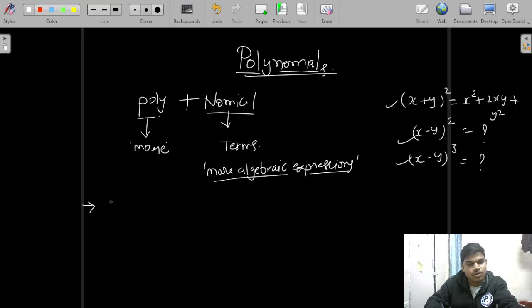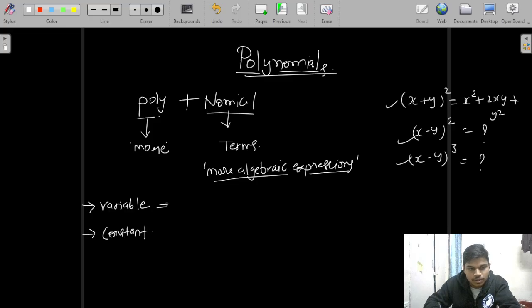the first one is a variable. I need a variable to define the polynomial. And the second thing I need is a constant, right?